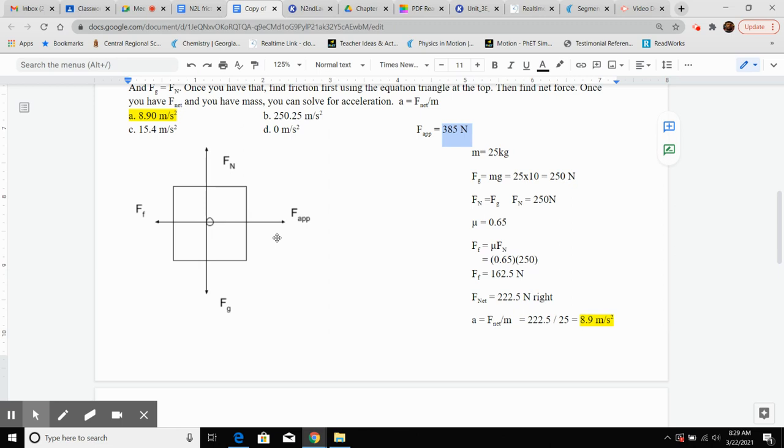So normally I'd have this drawn underneath or written underneath as 385. Solve for friction, 162.5, boom. And then it's just simply looking at it and being, okay, there's no equation. I just know that you have two forces in opposite directions, subtract. And that helps me get this. We're already given mass, boom, and solve.